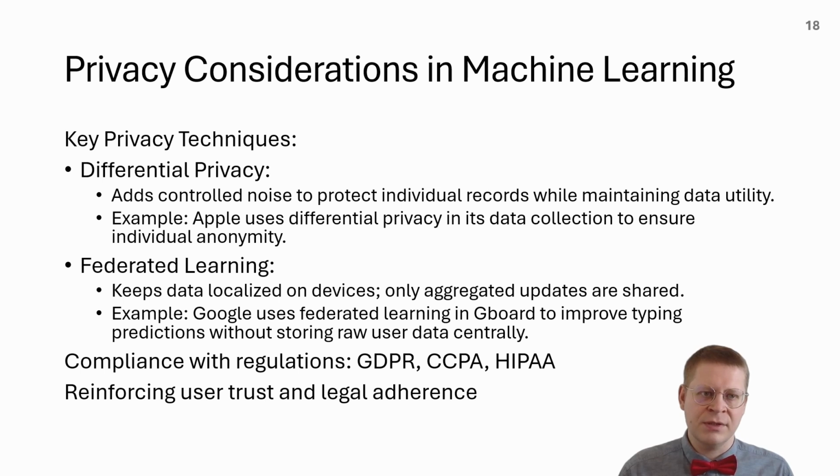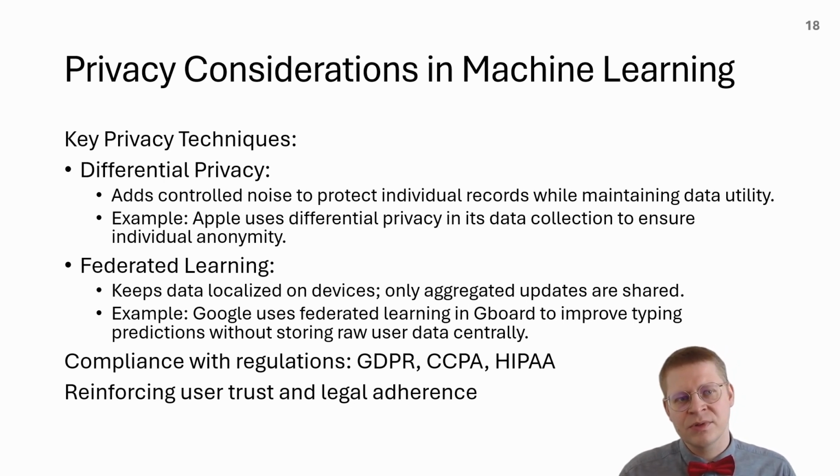Data breaches, unauthorized access, or mishandling of sensitive information can erode trust in organizations. For example, users are more likely to engage with services they think are secure. Beyond trust, privacy regulations like GDPR and HIPAA mandate strict data handling practices, making compliance non-negotiable.